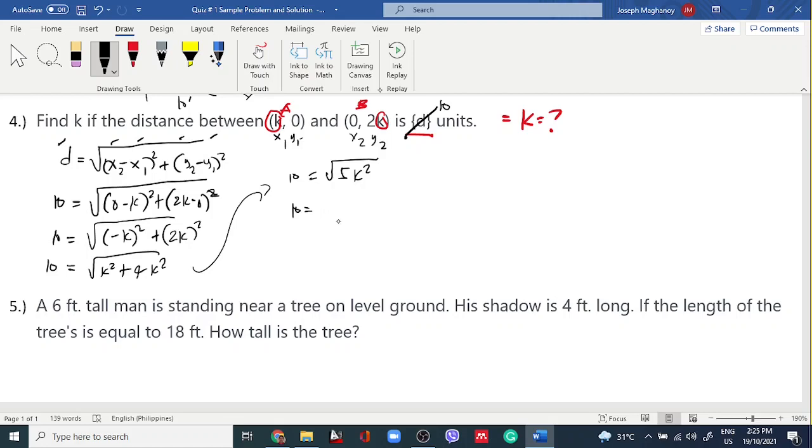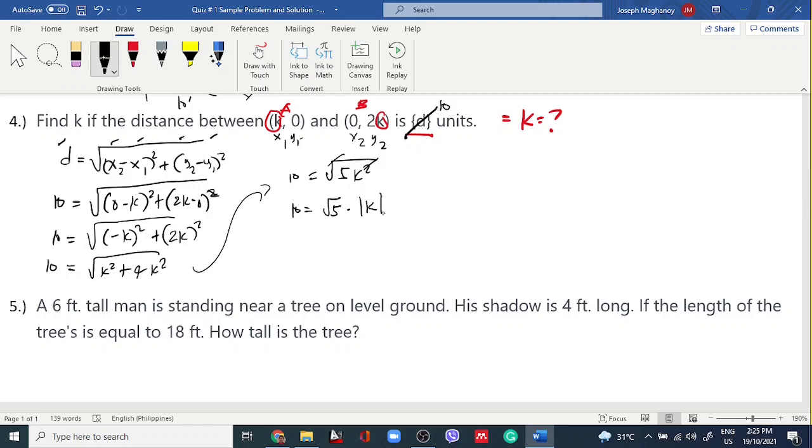So this is square root of 5. Then the k squared cancels. So the remaining here, since radical, becomes times the absolute value of your k.